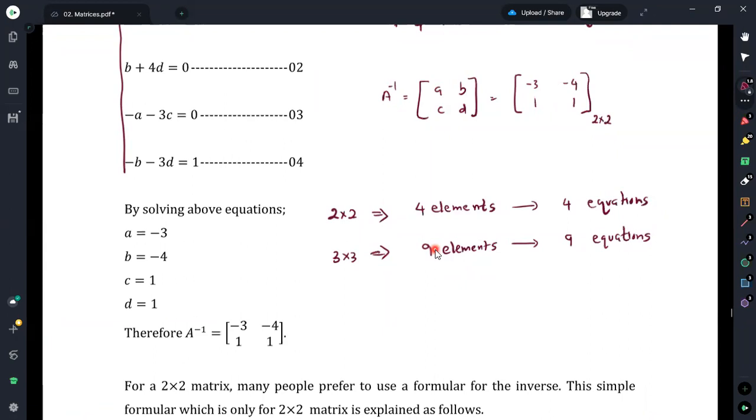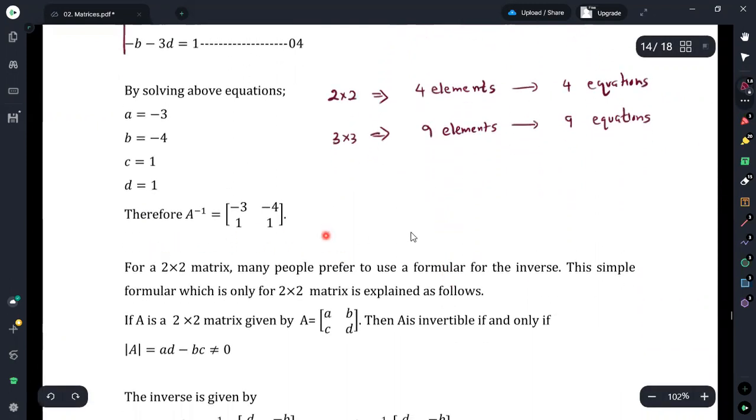Therefore, we have to find an alternative method instead of using the fundamental concept to obtain the inverse of the matrix. Even though it is a 2 by 2 matrix, we are not tempted to use this lengthy calculation. Therefore, we use a formula for calculating the inverse for 2 by 2 or 3 by 3 or any higher order matrices.